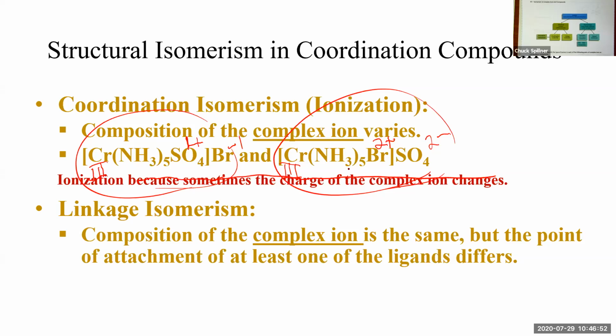I told you there's a molecule called glycine that had a nitrogen and an oxygen. So when you have a ligand like that, either atom can act as the donor within the ligand. You can get a complex ion with a nitrogen connected to the central ion, or a different complex ion with the oxygen connected to the central ion. So that's what linkage isomerism is. We'll see some examples.